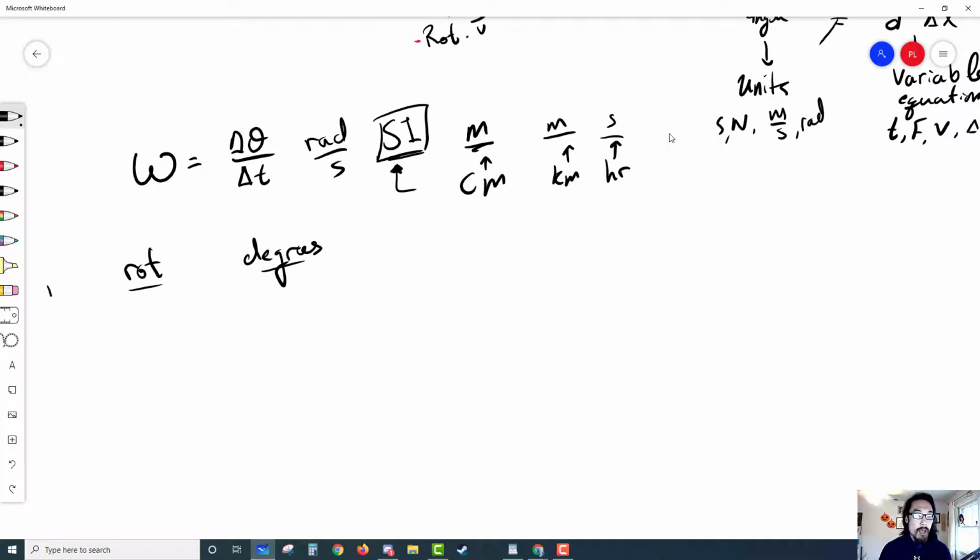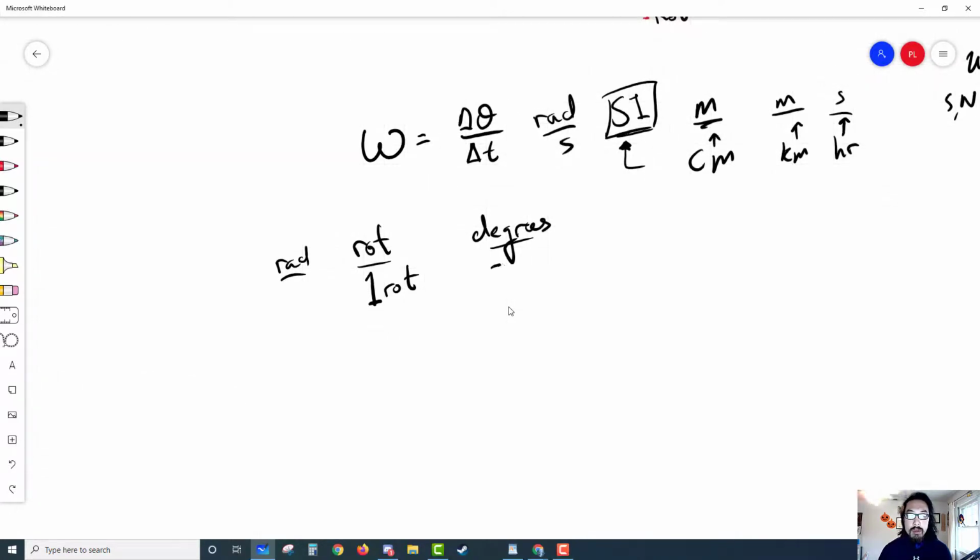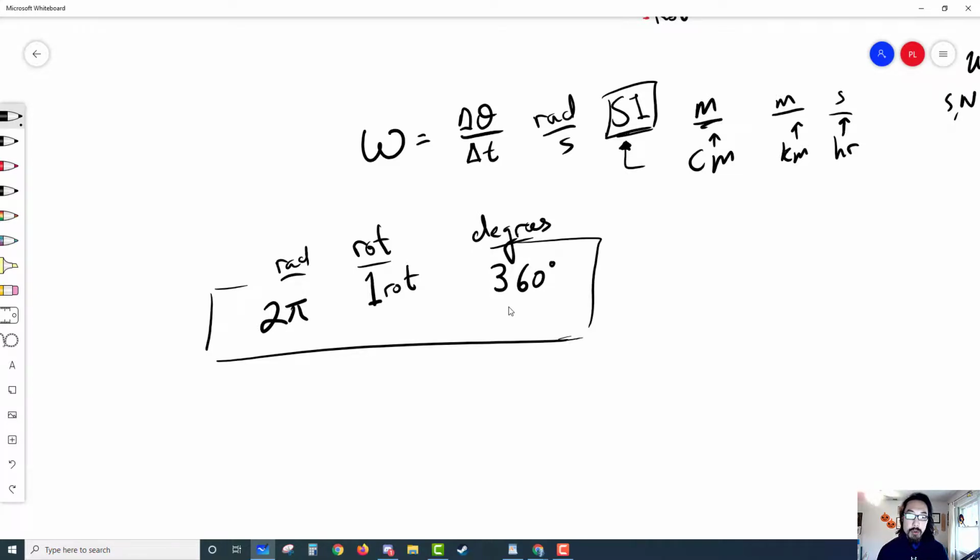One full rotation is 360 degrees, and in terms of radians, that's 2 pi radians. This is what we use to convert our numbers. If you have rotations, we always want to go from rotations to 2 pi radians. If we have degrees, we want to go from degrees to radians. Everything gets converted into radians.